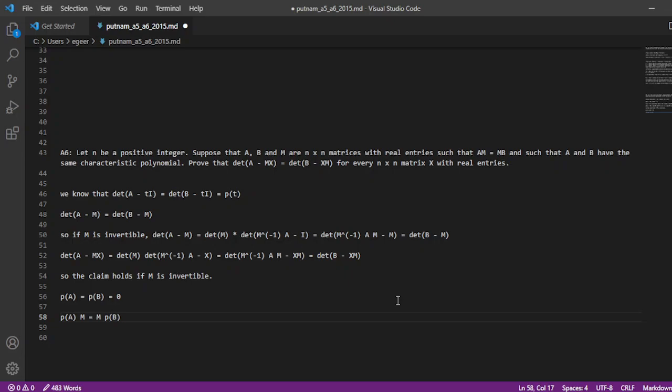I mean, both of these are obviously going to be 0. But PA and PB are both 0, so that doesn't matter. But for any polynomial f, this is true for B. For any polynomial f, so this is true for any polynomial.